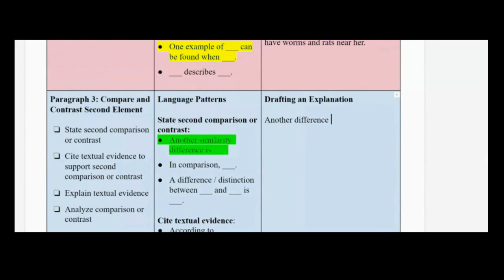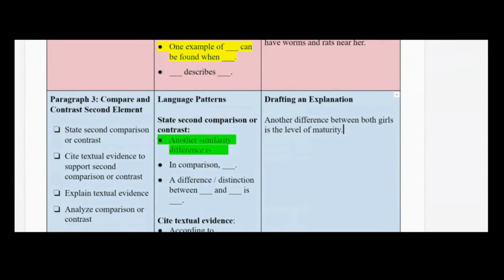Yeah, absolutely, Hilda. You definitely can. And actually, I'll show it this way. You know how my first body paragraph was about Christina? I'm going to do this one with Anne. Another difference between both girls is the level of maturity. I'm going to talk specifically about maturity, but you could say is the characteristics.